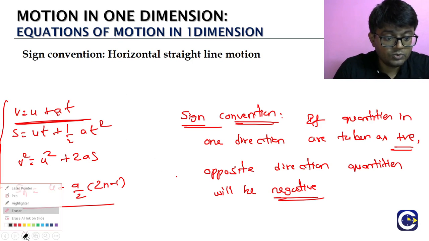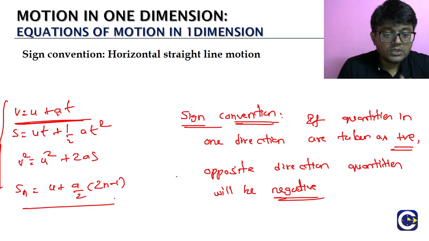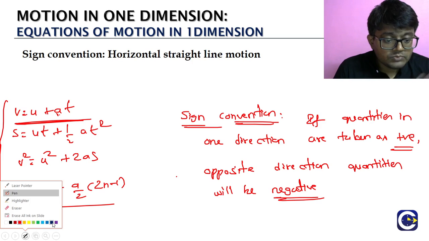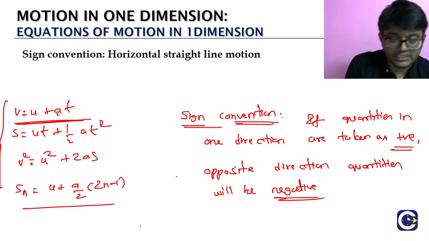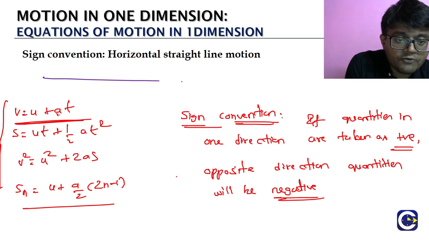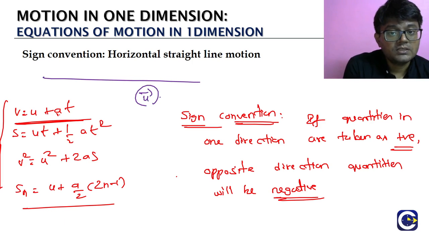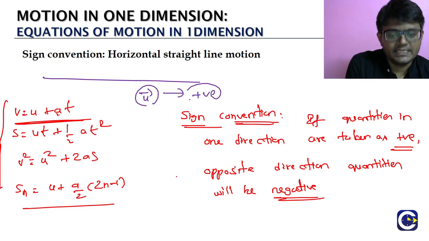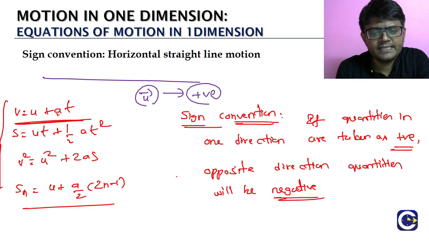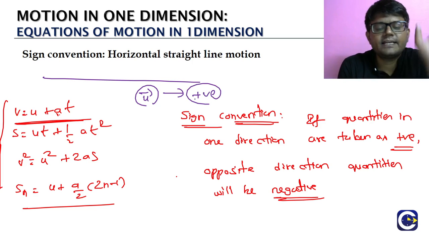If you take one direction to be positive, the quantities in the other direction we have to take as negative. When it comes to horizontal straight line motion, because our journey will begin with the initial velocity, we will take the direction of the initial velocity, whether to the right side or the left side, as positive.